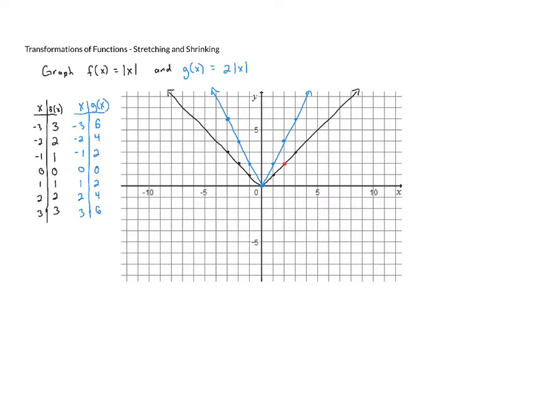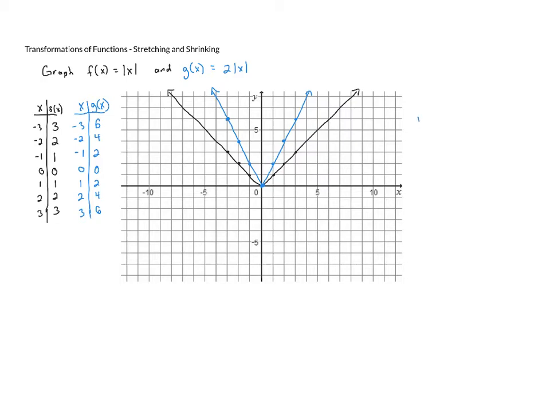We're taking the points and moving them twice as far above as they would have been before. And if we had done something similar down below, any point that would have been below the x-axis would also have been stretched twice as far down there. So this is a vertical stretch of factor 2.